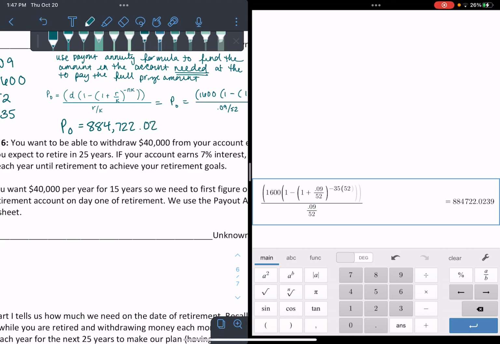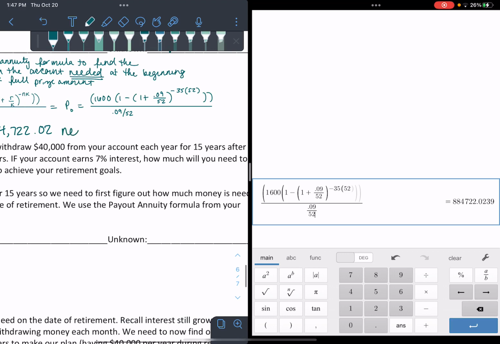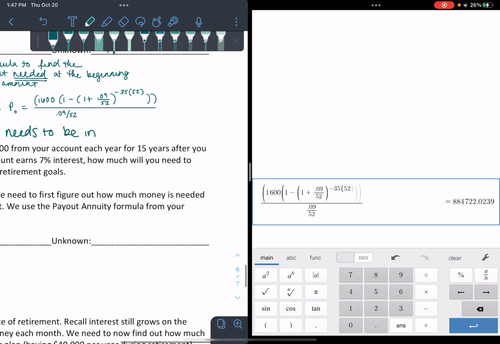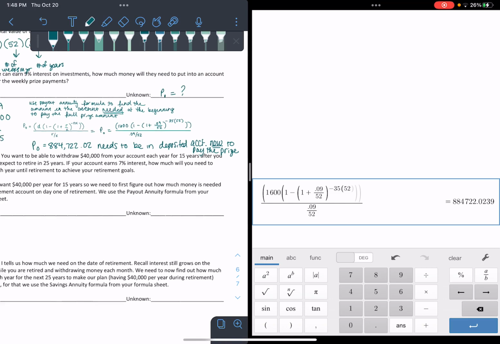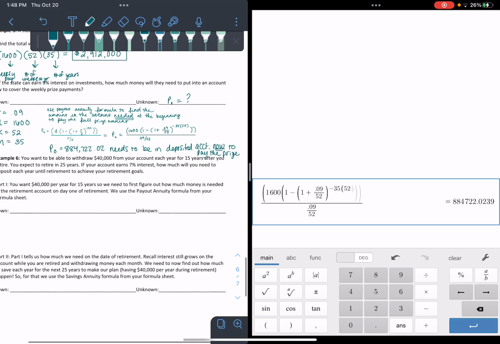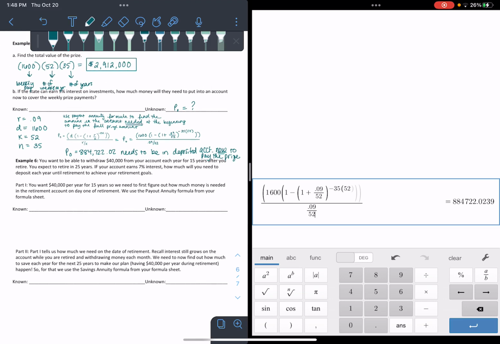That is what needs to be deposited in the account now to pay the prize. If that amount is sitting in there in the beginning and we take out $1,600 a week, we will get that full payout amount of the $2 million over the 35 years.